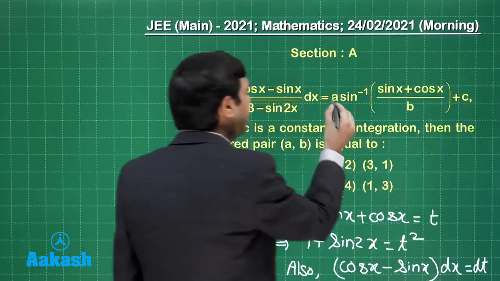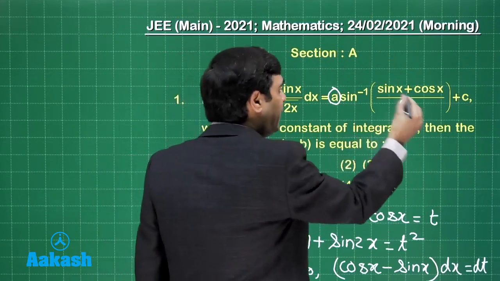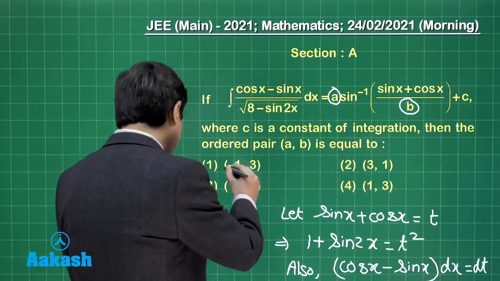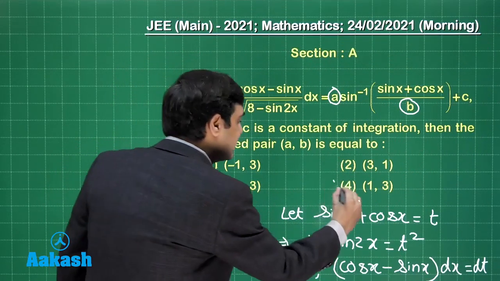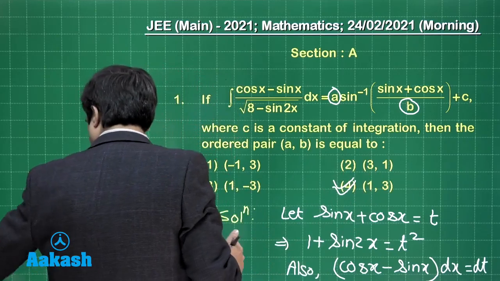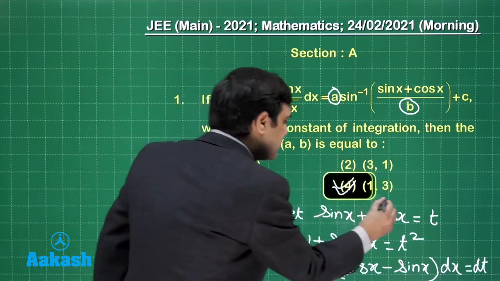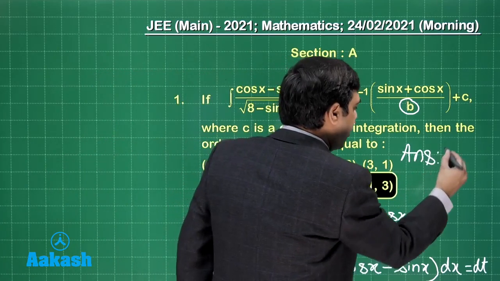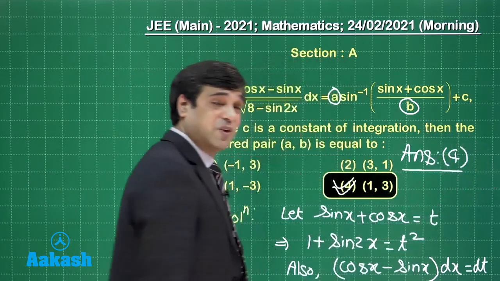Simply they are saying find the value for a and b. What is a? a is 1, b is 3. So what's the correct answer here? Yes, 1 comma 3 is given as option number 4. So let's mark it as our required result. Correct answer is option number 4. I'm sure this is clear.